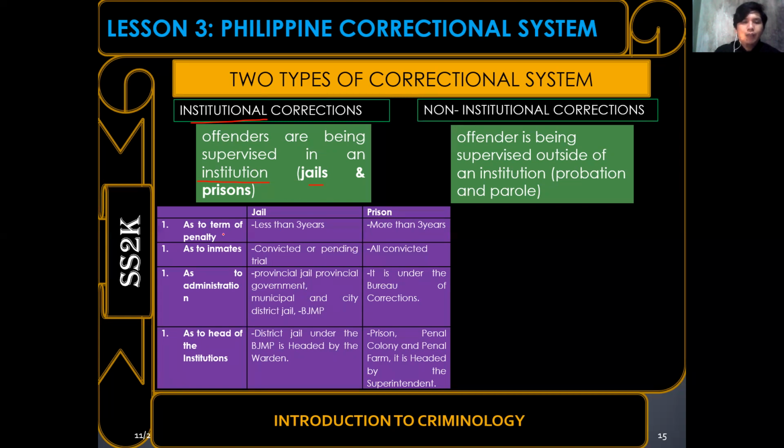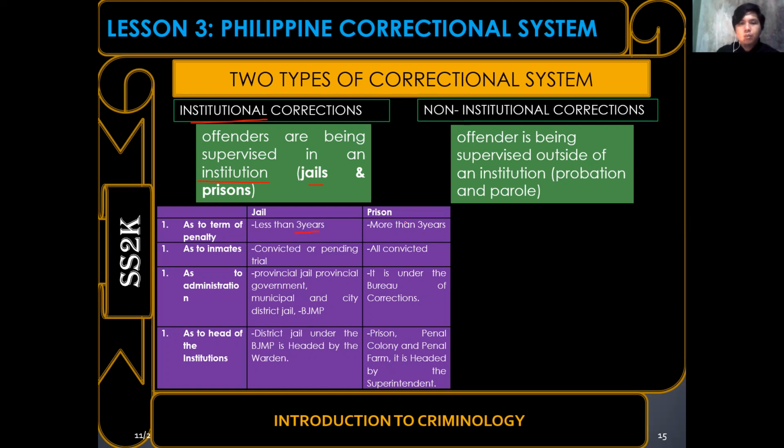As to term of penalty, gaano kahaba ng penalty yung pwedeng makulong sa jail? So, less than 3 years. Okay? Yan. So, or eksaktong 3 years pababa. That is jail. Yun ang pwedeng makulong sa jail, yung mga nahatulan ng parusa na ang hatol is 3 taon pababa. Sa jail po pwedeng makulong.